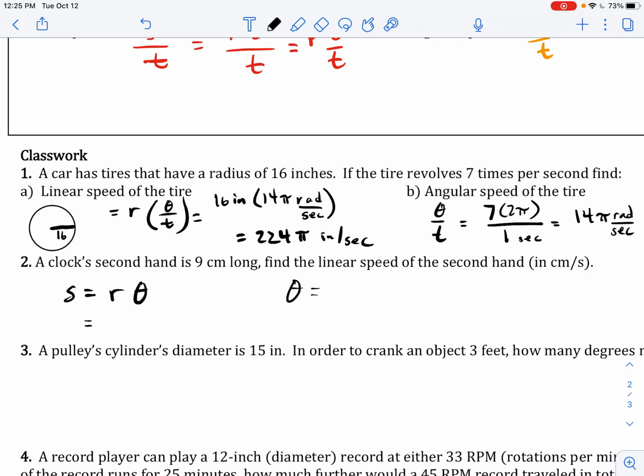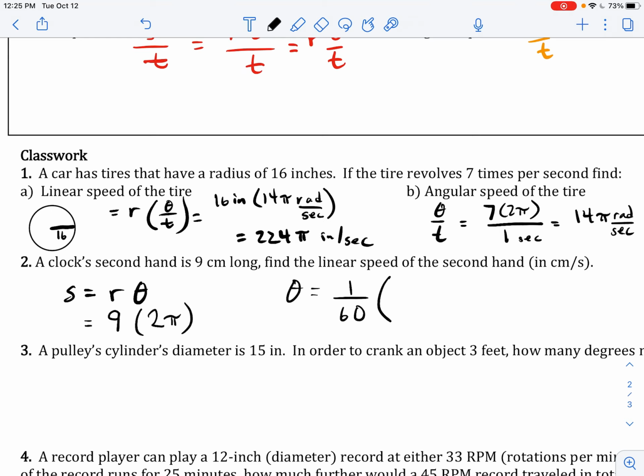If we're tracking how far the hand has traveled in 1 second, that would be 1 over 60, because there are 60 seconds. Let me write the arc length here. This was a radius of 9, and our theta would be 2 pi.